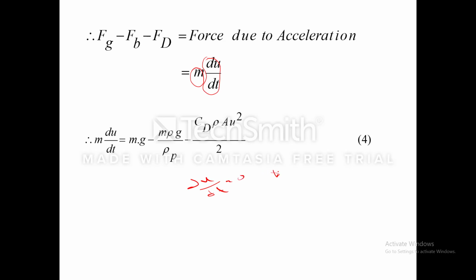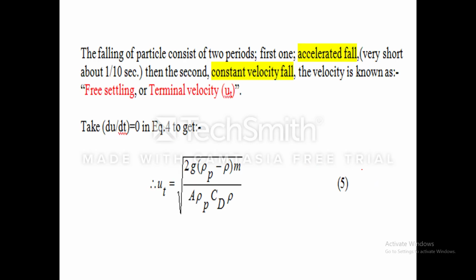because we assume that the terminal velocity will be constant. So we will get ut, the terminal velocity, equals square root of 2g (rho p minus rho) m over A rho p Cd rho.